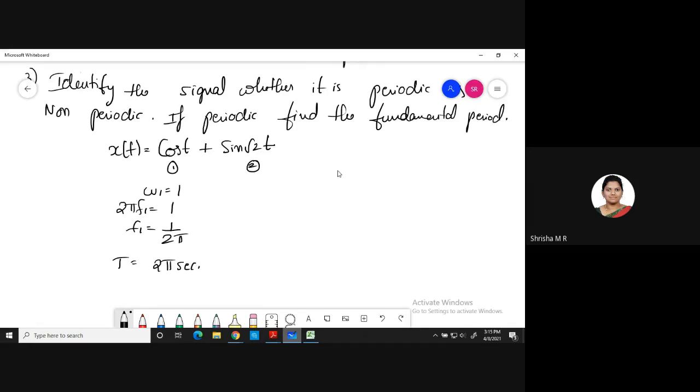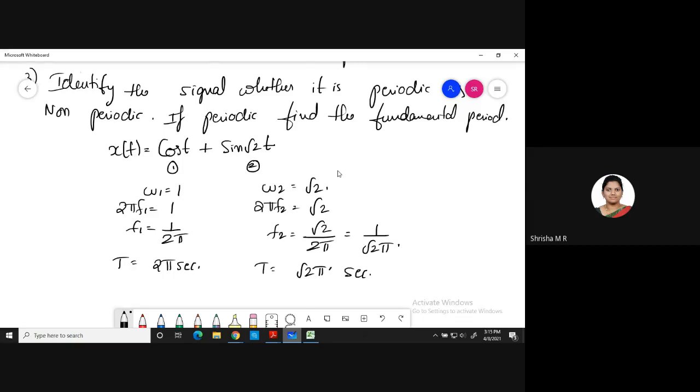In the second part, omega 2 is root 2. Correct? So 2 pi f2 is nothing but root 2, so your f2 is root 2 by 2 pi, which is 1 by root 2 pi. So what is your time period? Root 2 pi seconds.